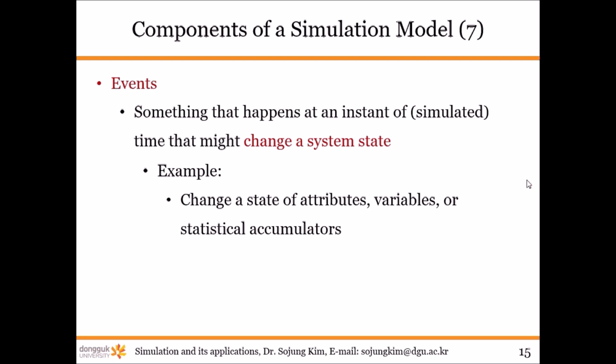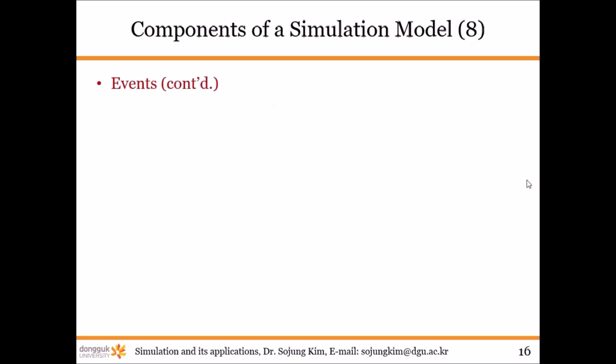An event can change the state of an attribute, variable, or statistical accumulators. So an event can be anything which changes the status of the system.